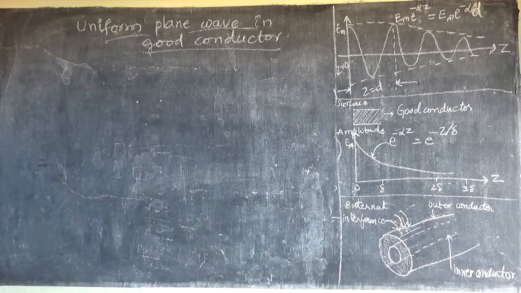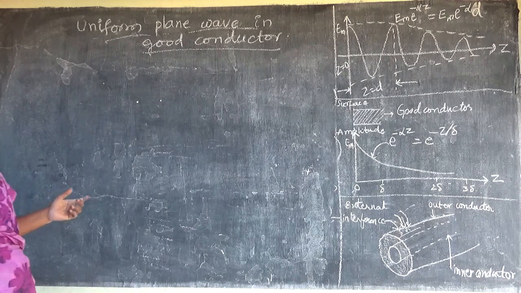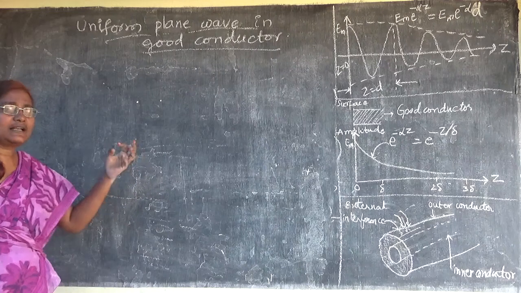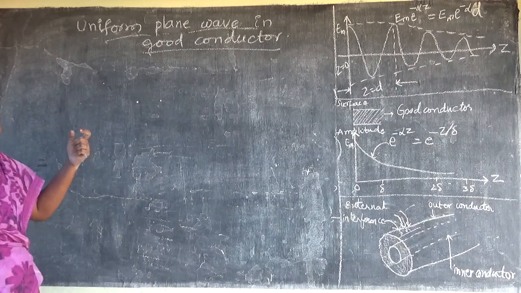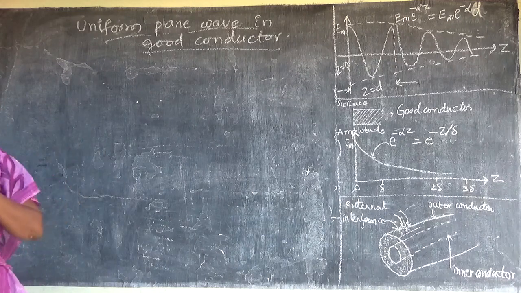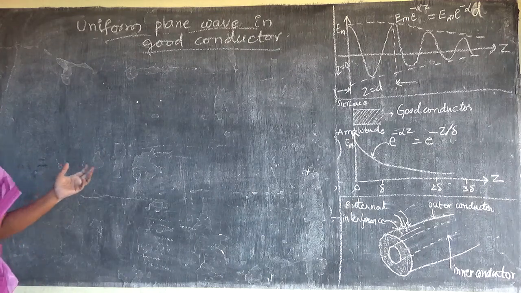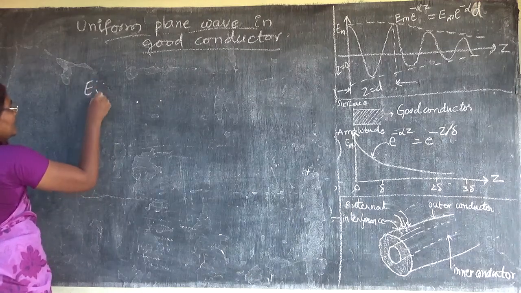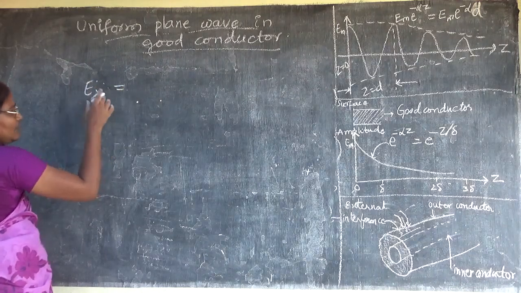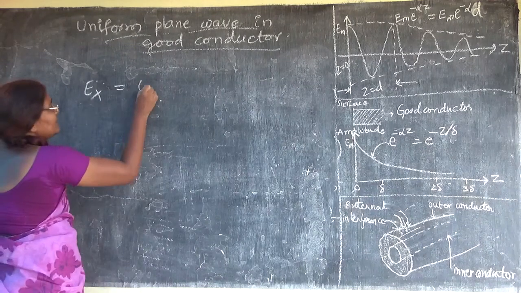So if I consider a wave component, let us think that it is an electric field component which is traveling only through the positive z direction. Then Ex is equal to, in general, what did we write?